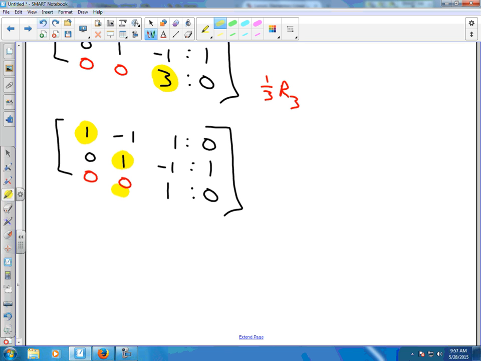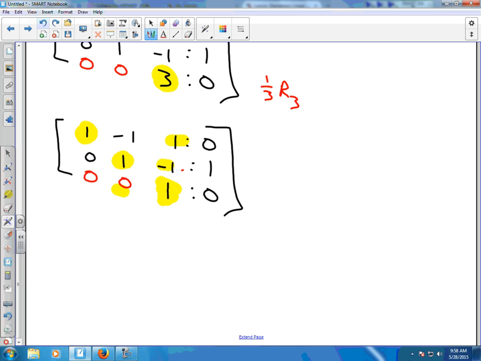We need one above it. That's a pivot. We need the other ones zeros. So usually we start at the bottom, or start on the right side, and say, well, let's get zeros in those. So if we want to get a 0 here, can't we just add those two together?